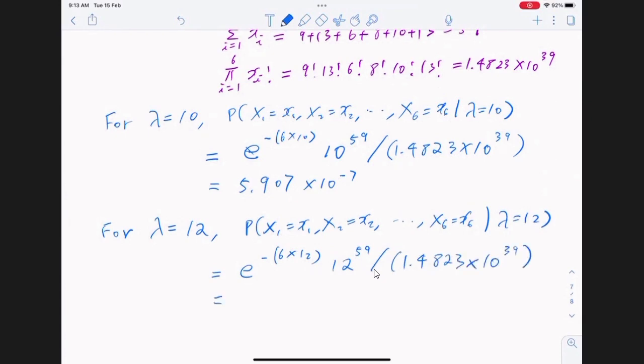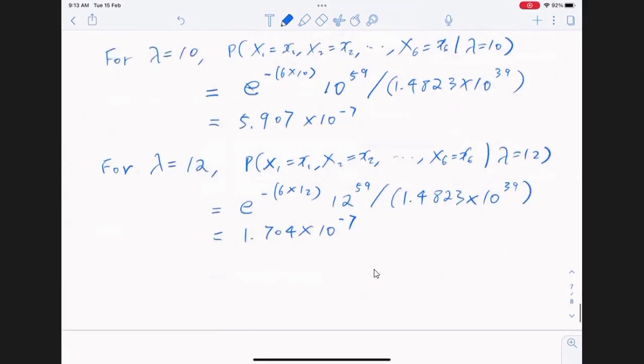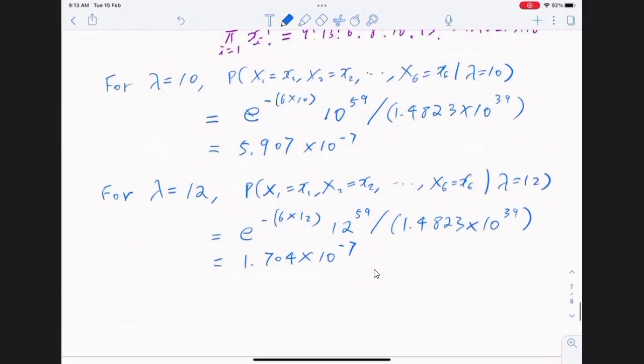And this number will become smaller. So this is the answer to the first part of this question.